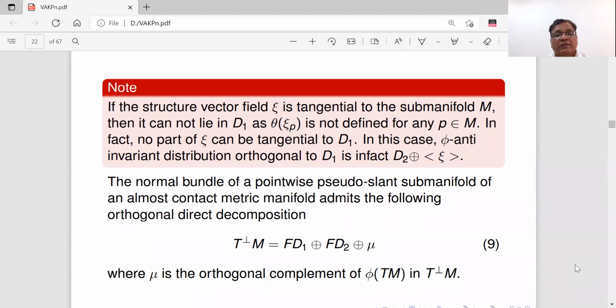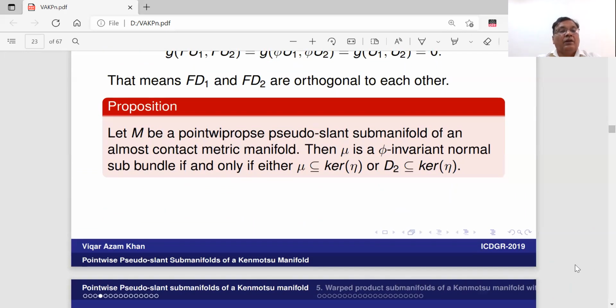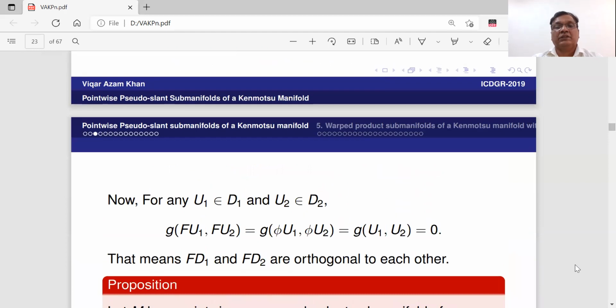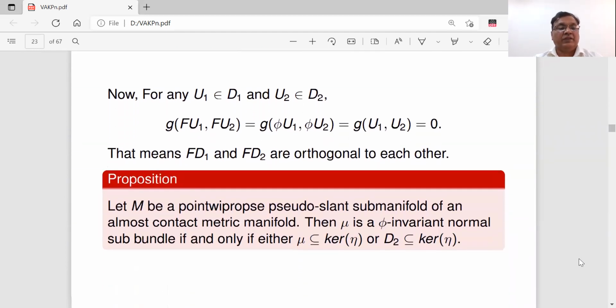You can also observe that the normal bundle will be decomposed into two parts, into three parts rather: FD1, FD2, and mu. These are some easy observations. All right, so regarding the third part of the decomposition, that is mu, we have an observation here in a proposition.